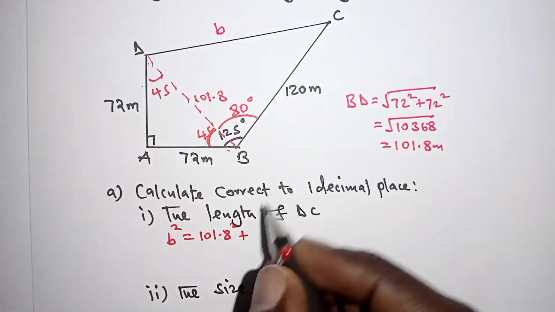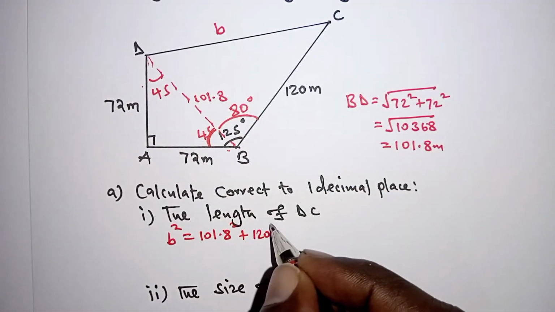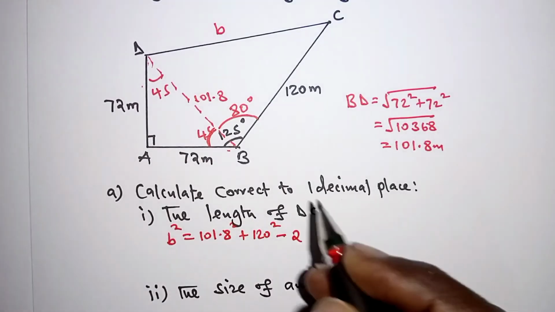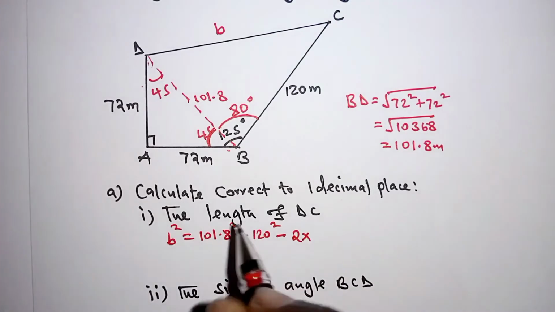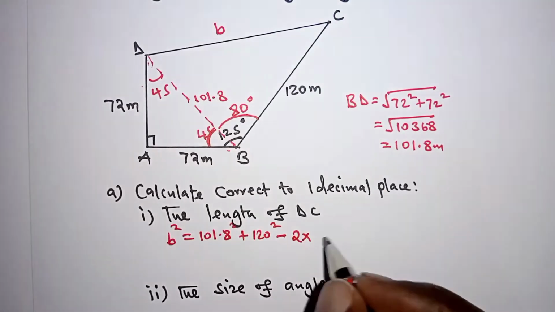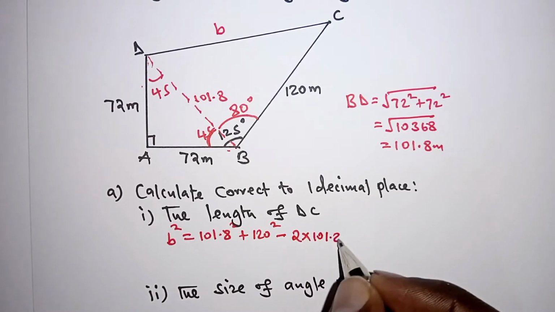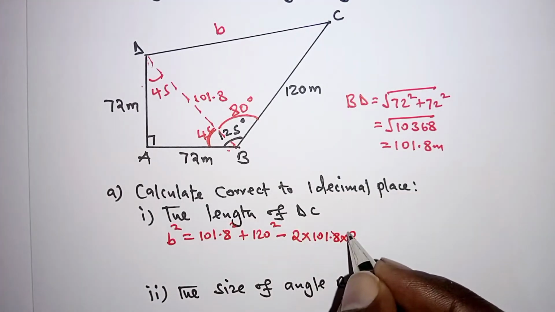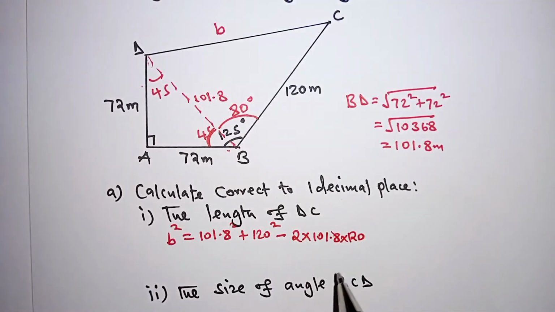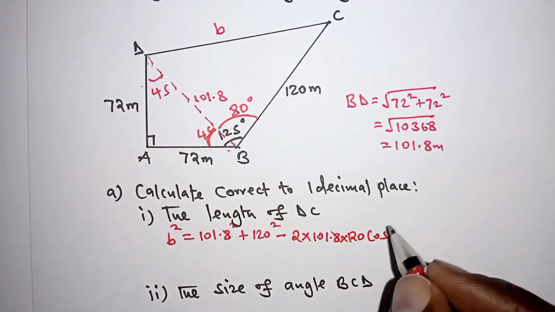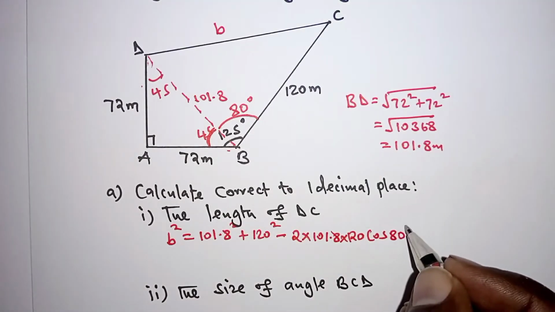plus this other side 120 squared minus twice the product of the two sides, that is 101.8 and 120, cosine of 80 degrees.